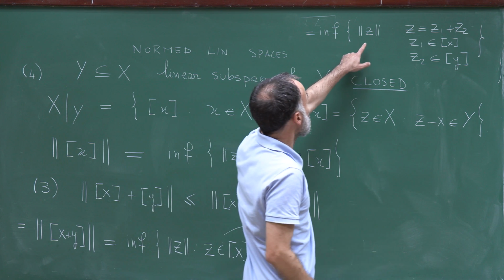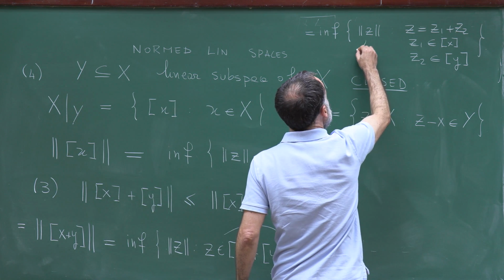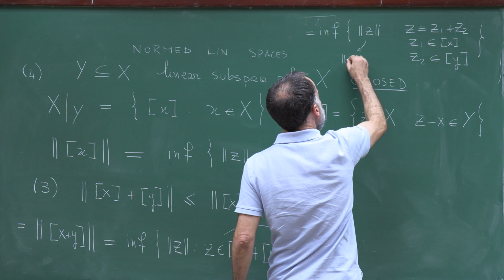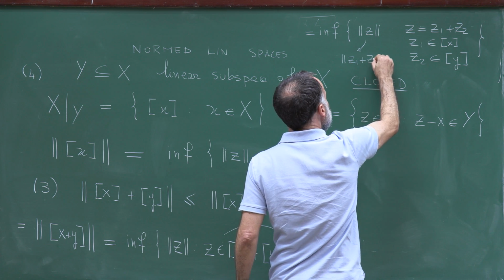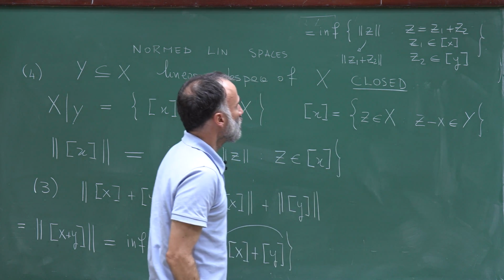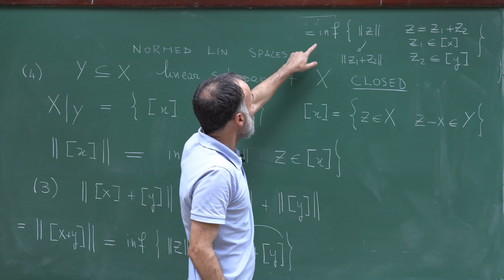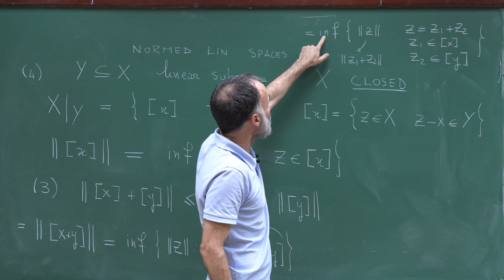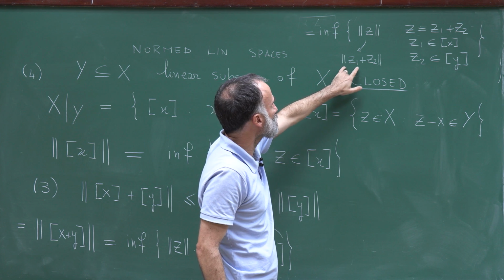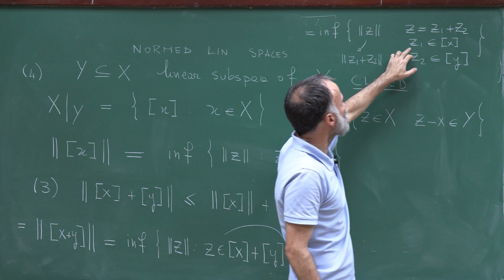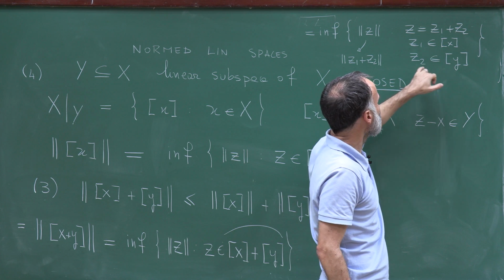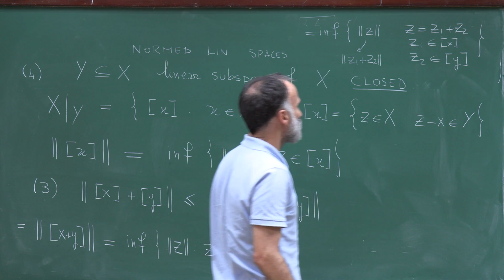So let me write the norm of z as the norm of z1 plus z2, because z is equal to z1 plus z2, and therefore this infimum is actually an infimum over the norms of z1 plus z2, where z1 belongs to the equivalence class of x, z2 belongs to the equivalence class of y.